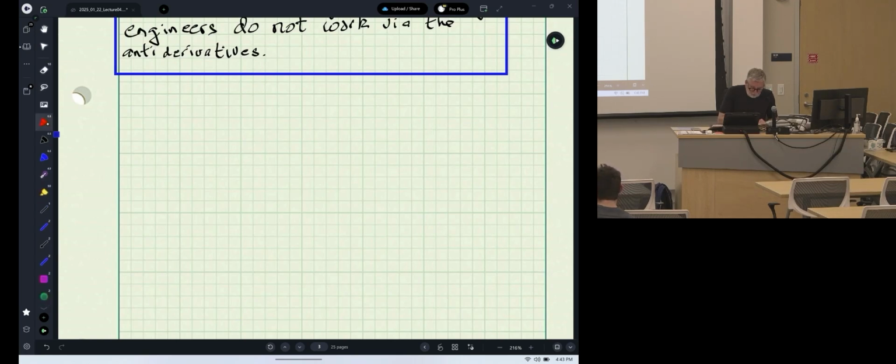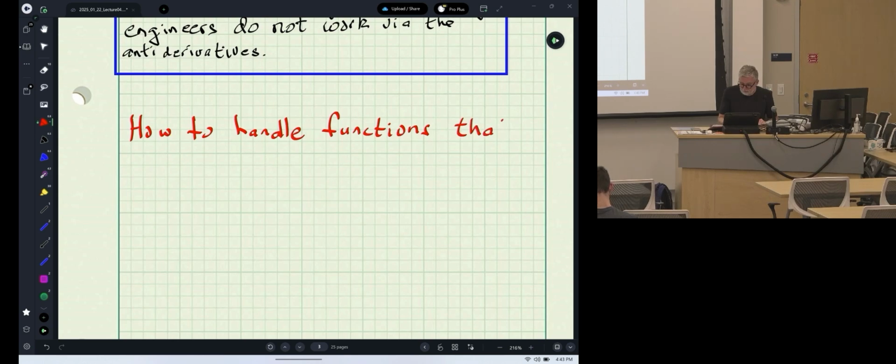Our big contribution right now is how to handle functions that are not monotonic.